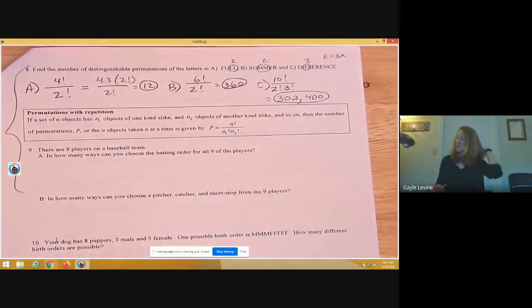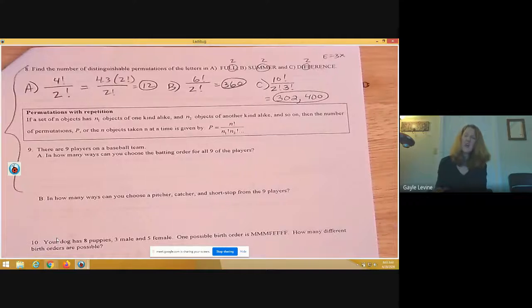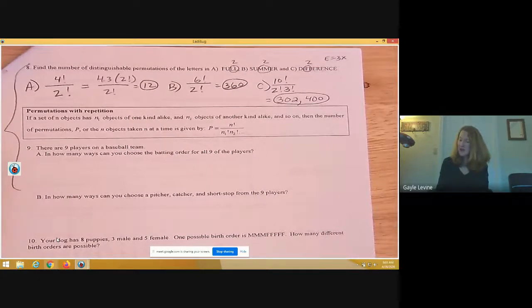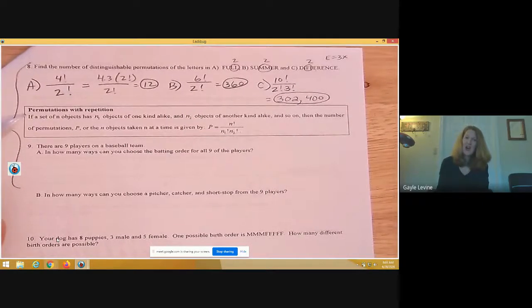So all the time when we're doing our permutations, you're doing an arrangement. It's always lining up, like I did with the stuffed animals, the stuffies. It's always an arrangement. So these examples from number 8, letters A, B, and C, are permutations with repetition.